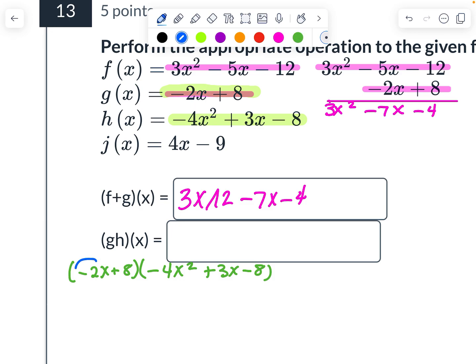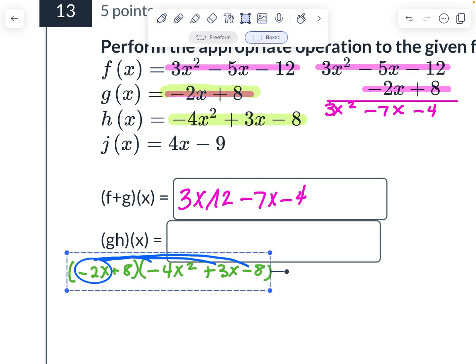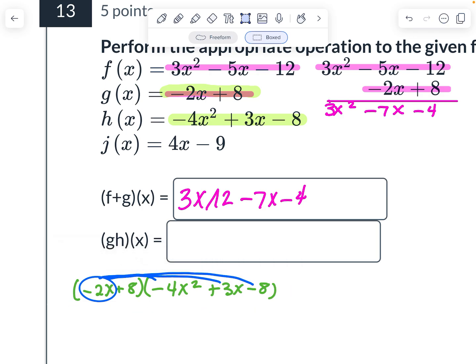We're going to take negative 2x, and we're going to take negative 2x times each term. I don't like that I'm in the answer box, so I'm going to slide this down. And when we do that, I'll write it in blue. You get 8x to the power of 3 minus 6x to the power of 2 plus 16x.